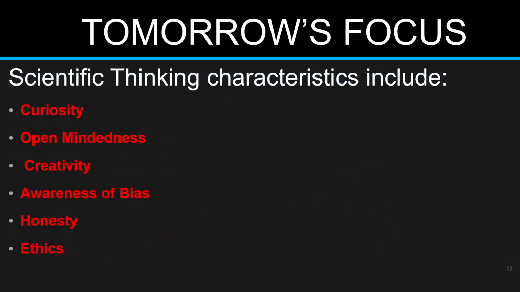And those characteristics include curiosity, open-mindedness, creativity, awareness of bias, honesty, and ethics. So start thinking about those and definitely get a start on our vocab definitions worksheet because we are going to be diving deeper into those 7 skills we just learned.